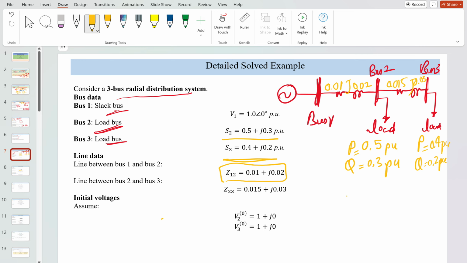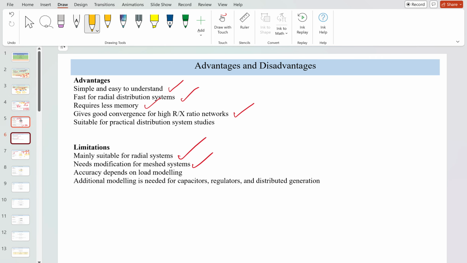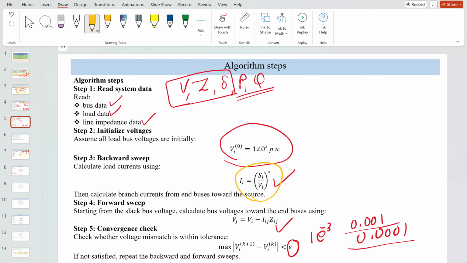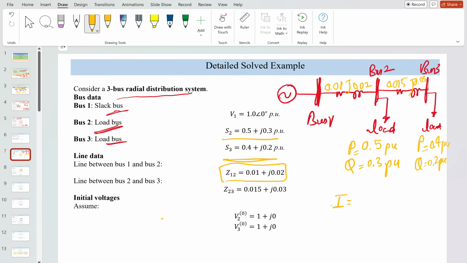So the current equation we already know, I is equal to S by V conjugate. I2, if you wanted to find out at bus 2, so S2 divided by V2 conjugate.